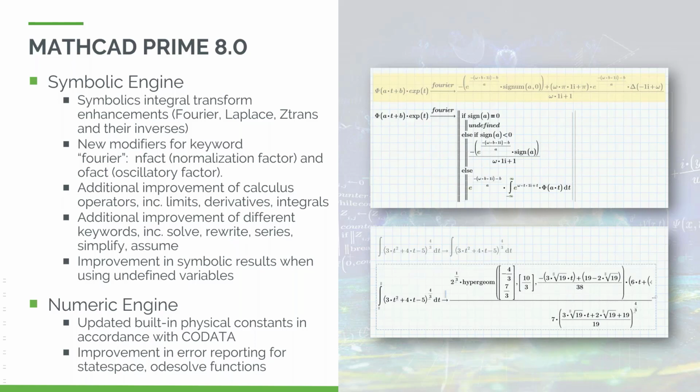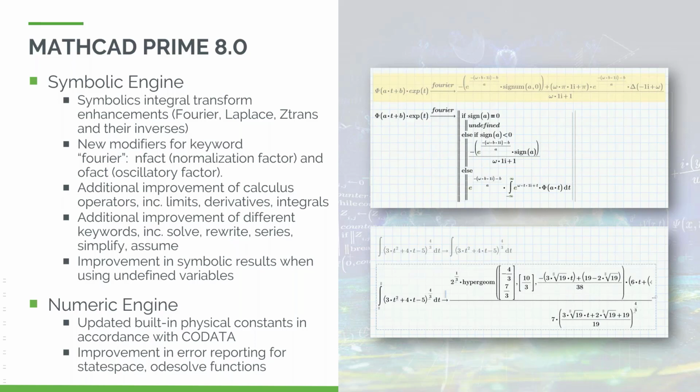And we've made some improvements in symbolic results when using undefined variables. And this is a trend that is going to continue, right? Each release now, we're taking customer feedback on what they want to see with symbolic math, and we're going to put enhancements and updates in each release in Symbolics. And we have a very passionate engine team that are very experienced with math, both numeric and symbolic.